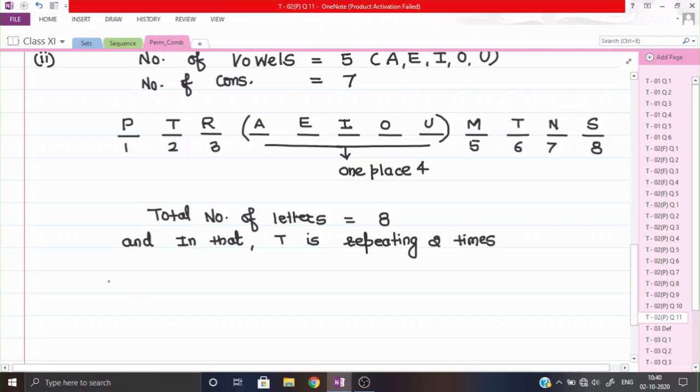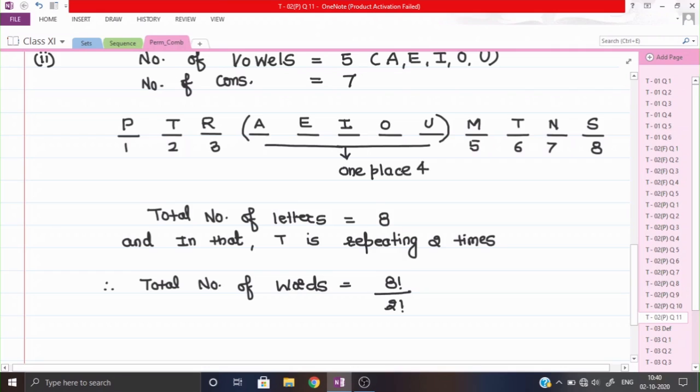So we can say that the total number of words will be equal to factorial n, which is factorial 8, and in those 8 letters T is repeating 2 times, so the value of factorial p we write as factorial 2. Now you may say that we got the answer, but this is an incomplete answer.